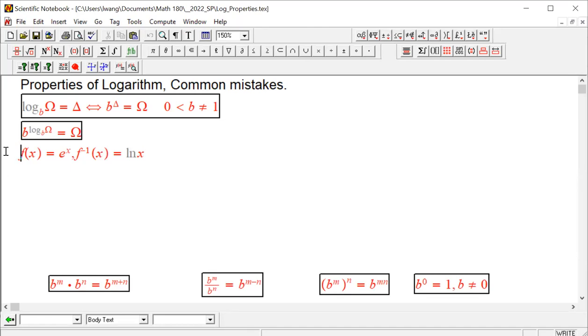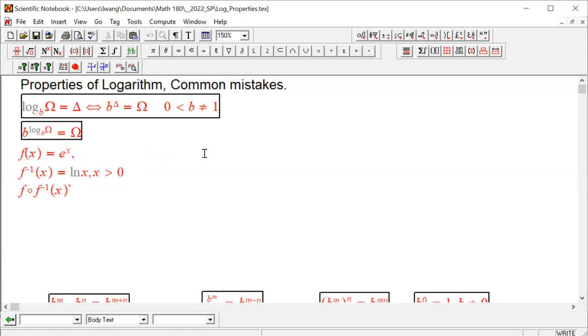And we know that f composite f inverse, because these two are inverse to each other, and we have derived this, right? This x is going to be from the domain of f inverse, right? The f inverse domain is x greater than 0, right? So that's for ln, for the inverse.